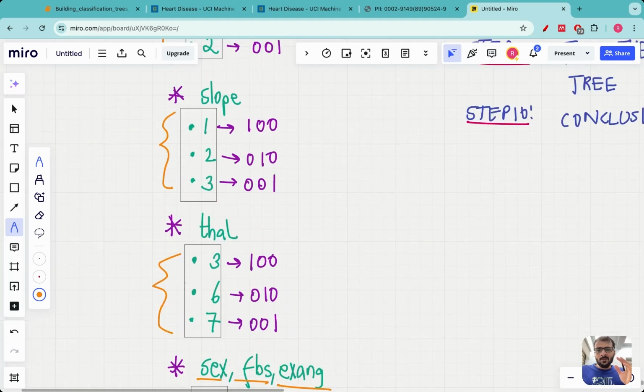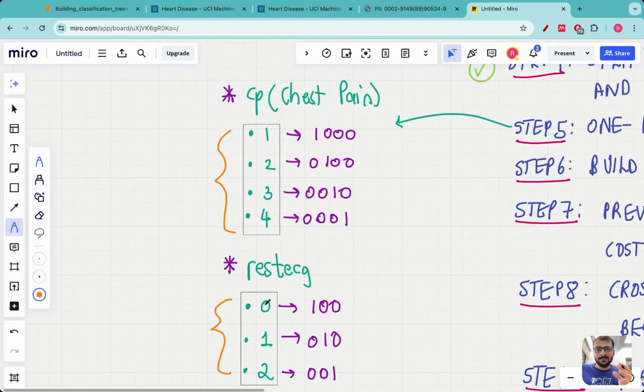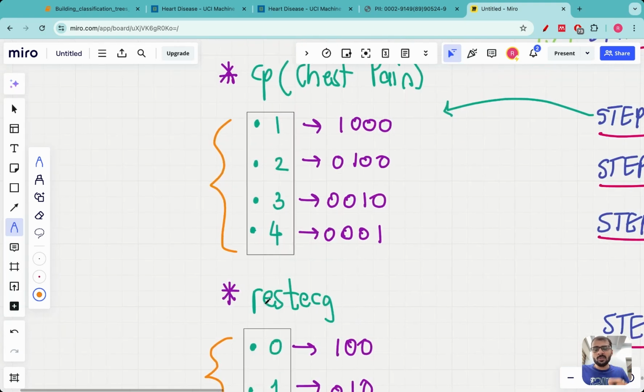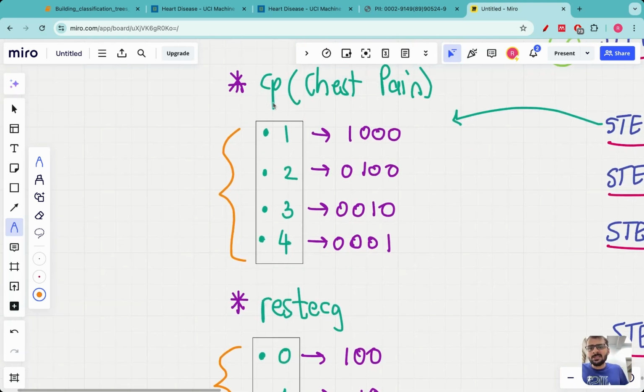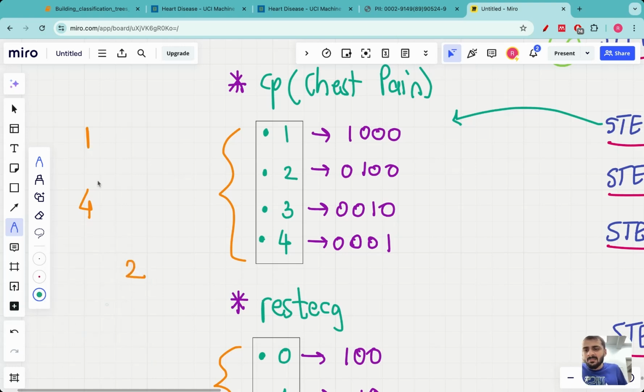Now, we cannot feed these categorical variables directly as they are into the model, and the reason is because imagine if you feed the CP values 1, 2, 3, and 4. Let's say one person has a CP value of 4, another one has 2, another one has 4, and another one has, let's say, 2. What our model might try to do is think that there is some mathematical distance relationship between these.